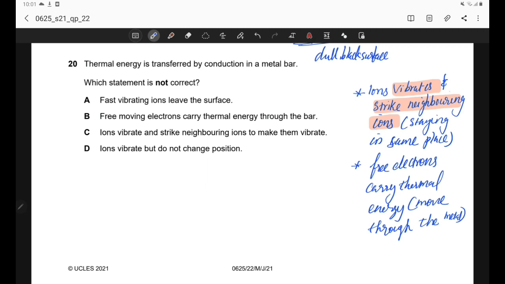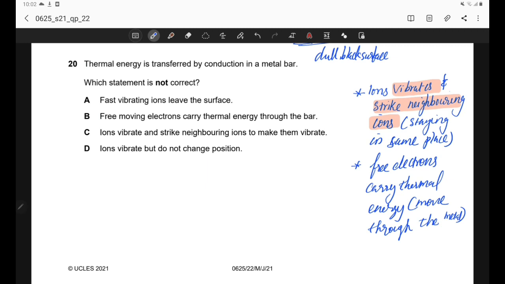Therefore, these are the two important ways in which thermal energy is transferred in metals. Through the vibration of ions, the ions stay in the same place but the vibration is carried to the other ions. But free electrons can carry this heat energy and freely move from one part to another part.